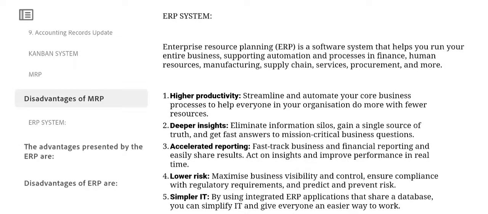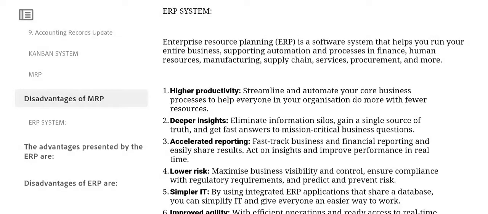Now ERP helps you to run your entire business, supporting the automation and processes in finance, human resources, manufacturing, supply chains, service, procurement, sales, R&D. Everything is managed and controlled by using the ERP software. ERP is basically a software system which helps you to run your entire business.